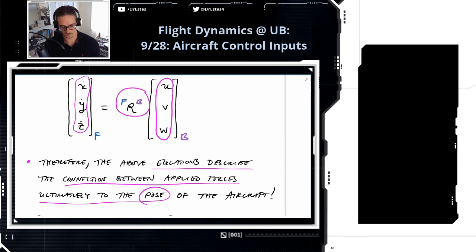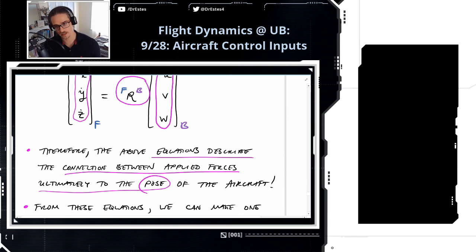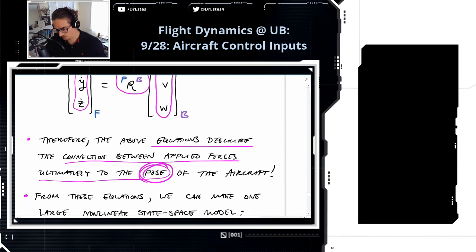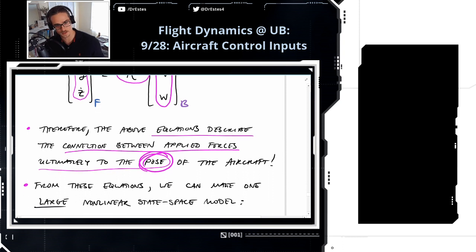And eventually, I have a connection between my input forces and the pose of the aircraft. Obviously you know this, but this shows via the equations that there's the potential for controlling pose with our rudder, ailerons, thrust, and so on.